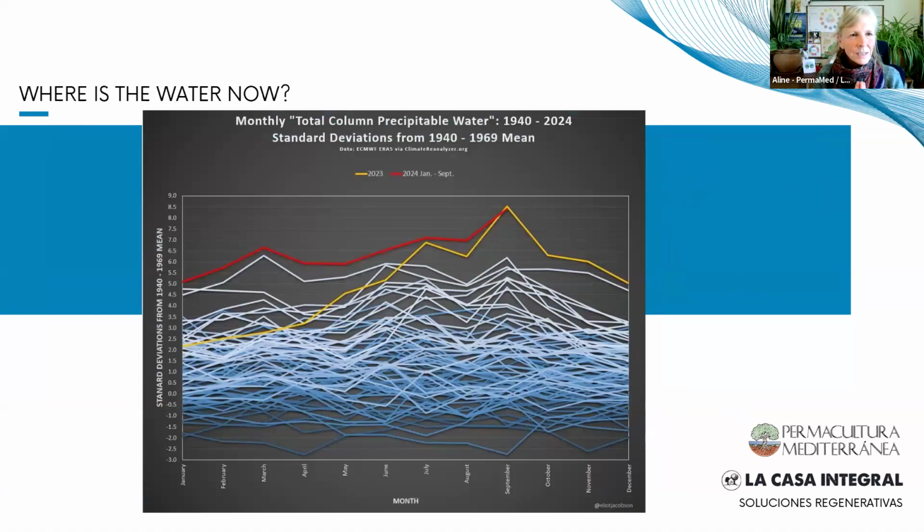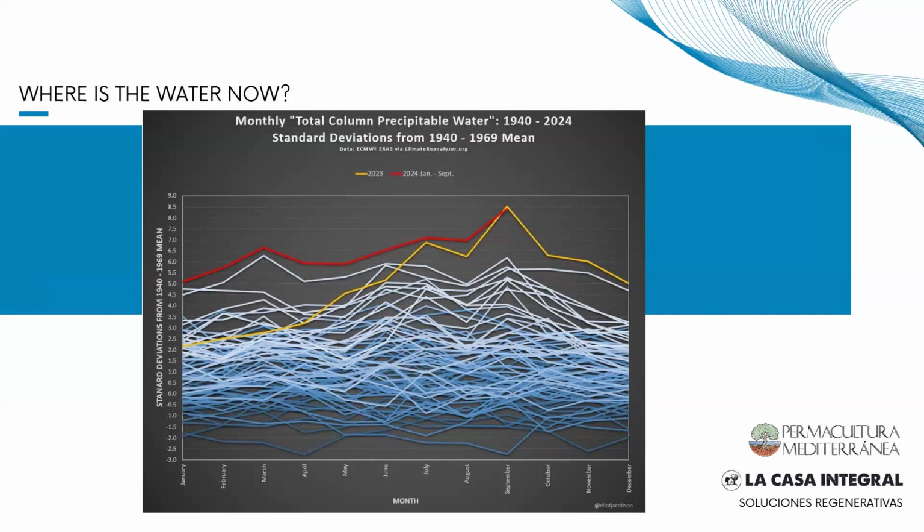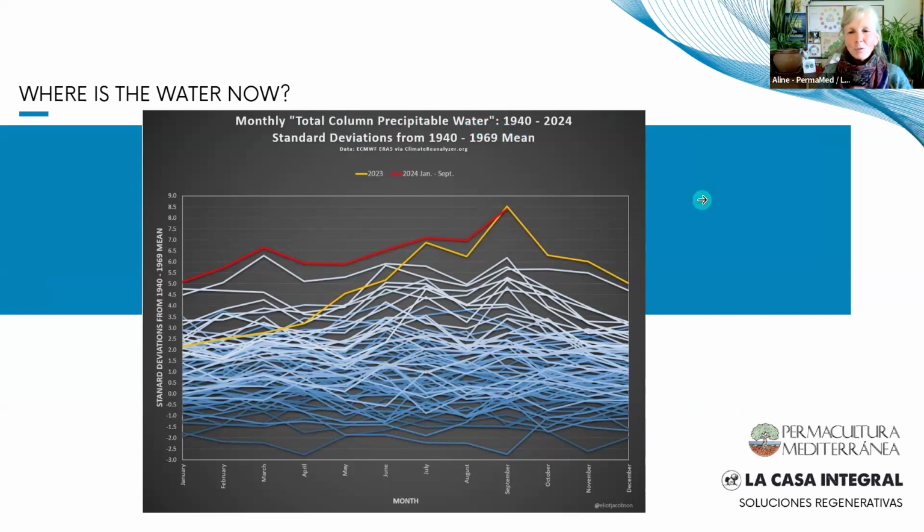So a lot of water is actually in the atmosphere in big clouds and big energy clouds and storms that hold this water column of precipitable water. So rather than raining down whenever it gets a chance, it is storing more and more water in the atmosphere.